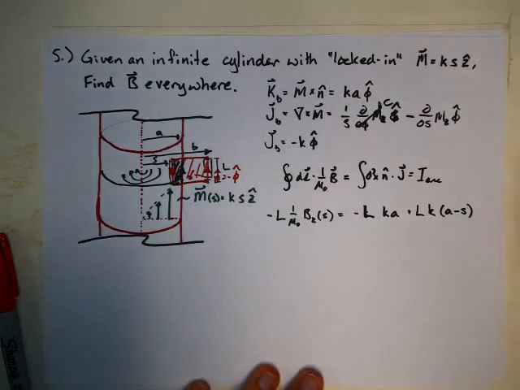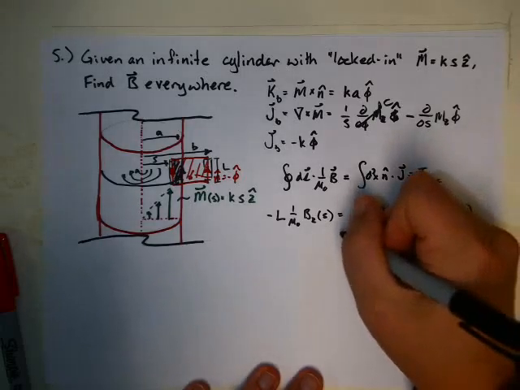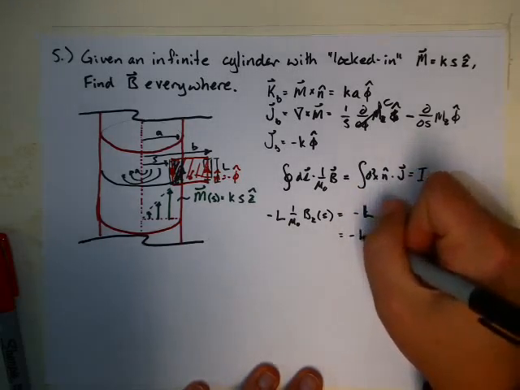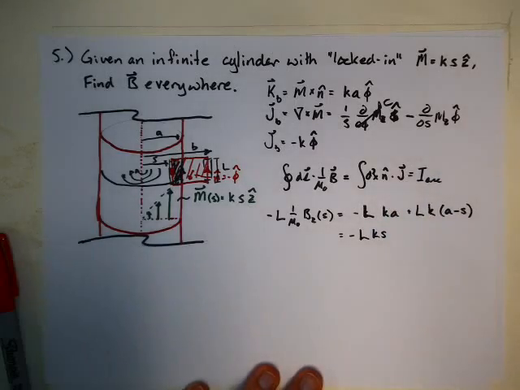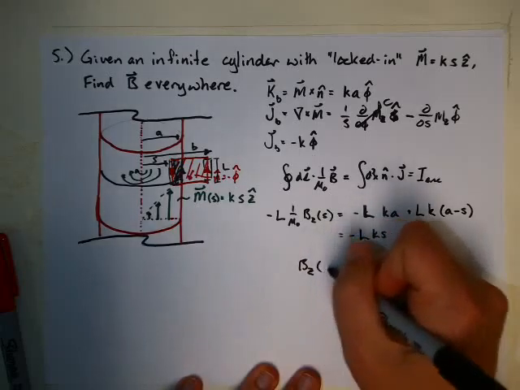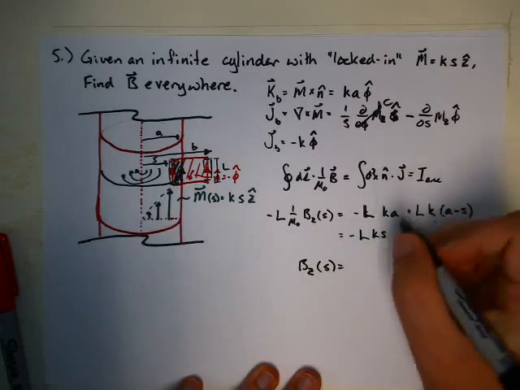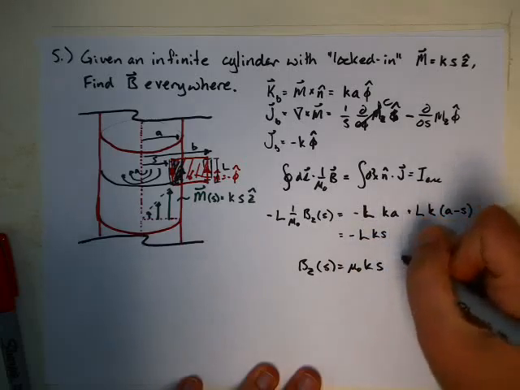And so canceling everything out, the Ka's cancel, and we get that this is minus L times K times s. The end result of this is that the magnetic field, which is a function of s, is going to be positive mu naught K s.